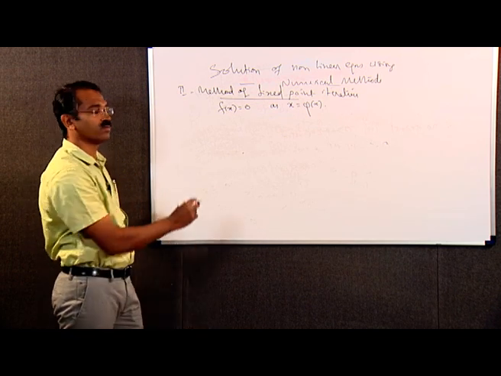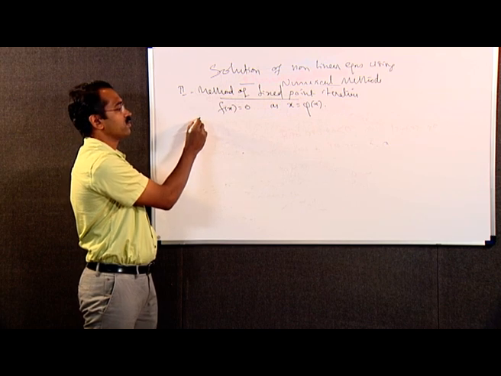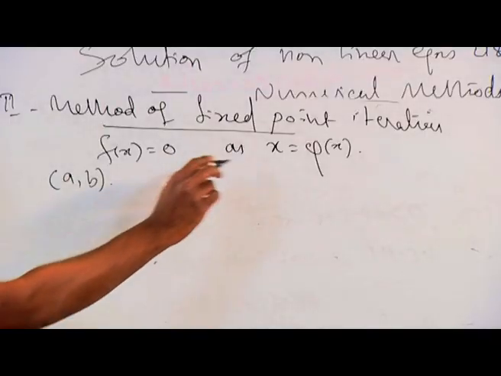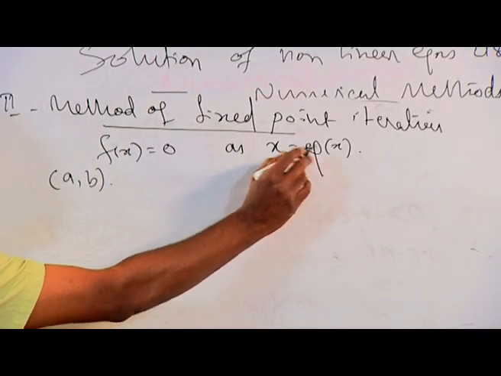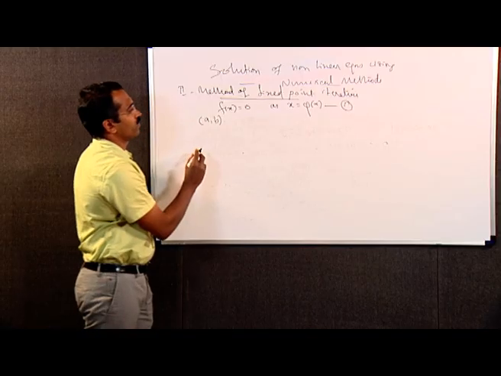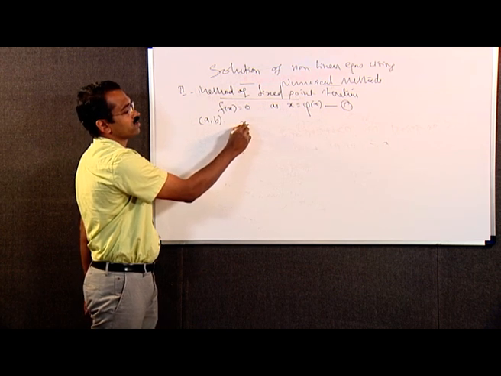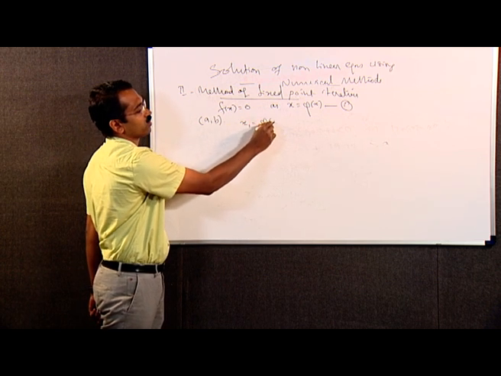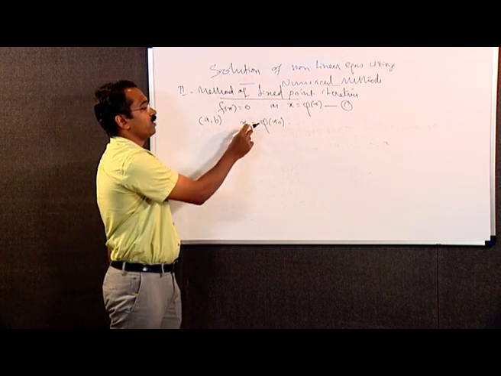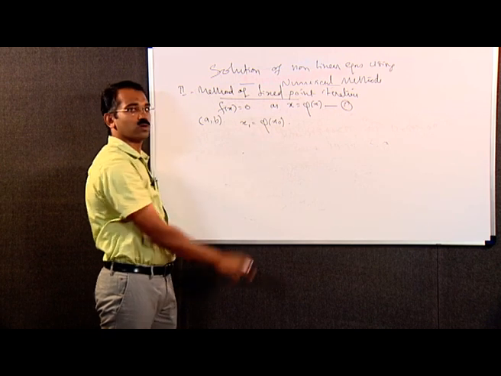Using the location theorem, first we find the interval of approximation of the form a, b. We put x naught in the right hand side of this equation, equation number 1. We will get a better approximation as x1 equal to phi of x naught. x1 is a better approximation of the exact root than x naught.